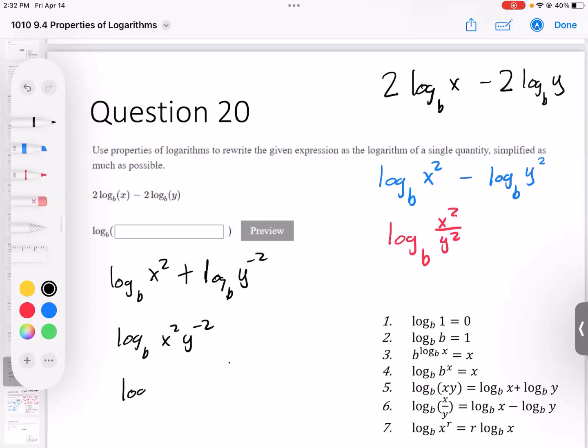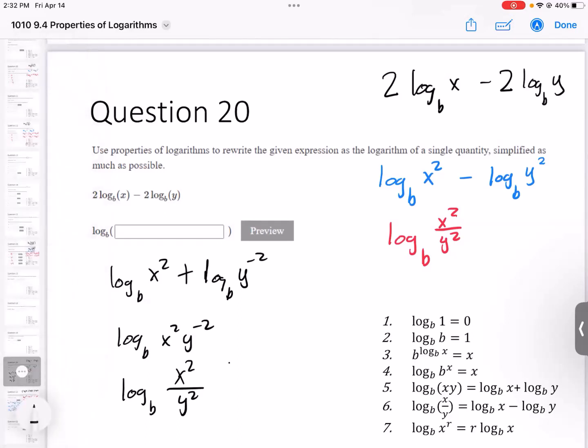And that would still end up being the exact same expression because you'd get x squared over y squared when you make the reciprocal with the negative. So it doesn't matter which one out of the two you do, you can just choose whichever one you think makes the most sense to you.